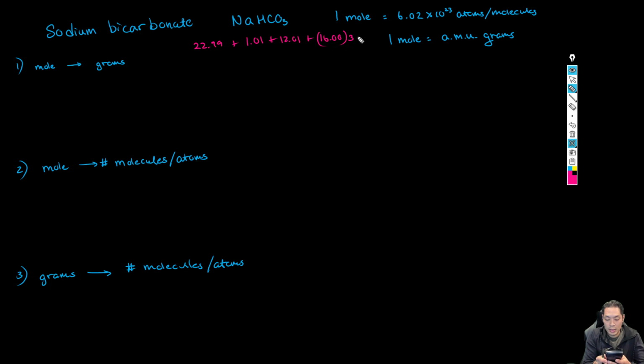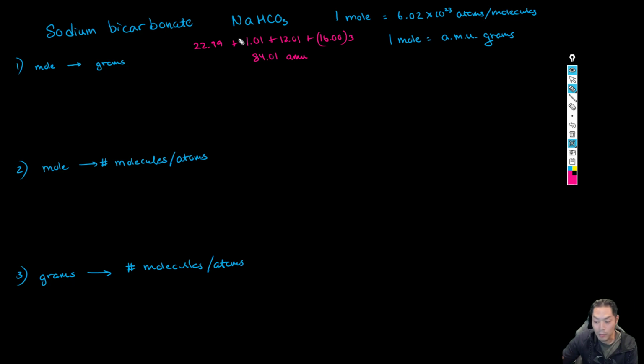So plus 16 plus 16 plus 16 equals 84.01. And let me just make sure I did it right. I hate making mistakes, so I want to make sure I did not make a mistake. 84.01. So this is the AMU, atomic mass unit of sodium bicarbonate.